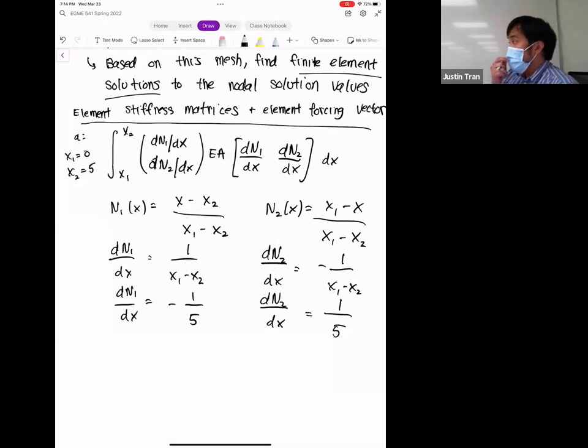Right, so this is nice. Both of our shape function derivatives here are constants, which is good. This is one of the benefits of working with linear shape functions, because when you take their derivatives you just get a constant, and that helps with the integrals quite a bit.